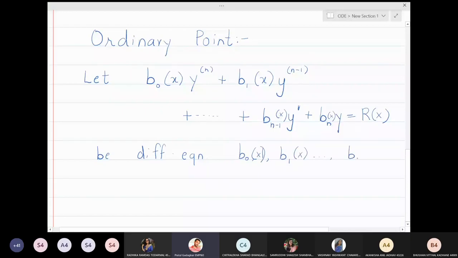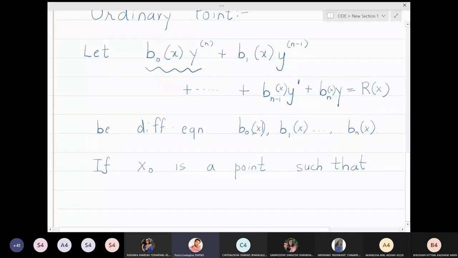Now I will look at a point x naught. I will look at the first coefficient, the highest derivative coefficient. Who is that first coefficient? b naught x.